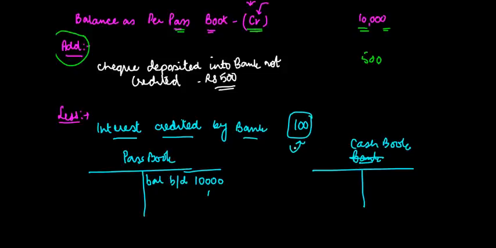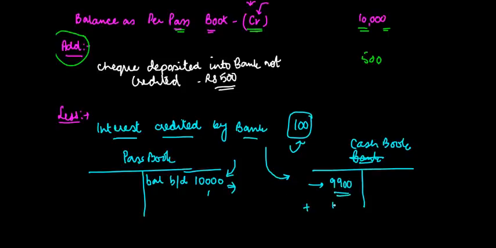What does this mean? This means that basically the bank increased this balance by 100 rupees, right? Whereas because this entry has not been passed into the cash book, that balance would have remained lesser by 100 rupees. Or in other words, the bank book would be showing a balance of 9,900. Why?